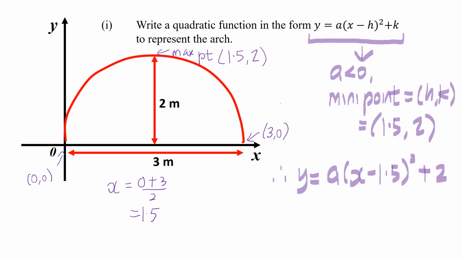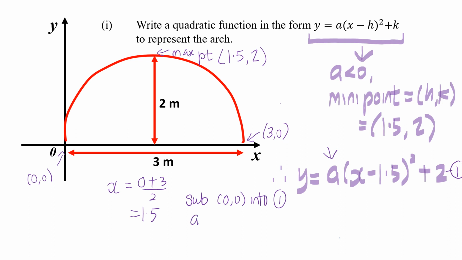And we are not done yet because we still have this unknown constant a. There are two x-intercepts that you can use to find the constant a. You can use either (0, 0) or (3, 0). Obviously, I would prefer to use (0, 0). Both of them will give you the same answer for the constant a. Let's be more systematic. I'm going to call this equation 1, and substitute (0, 0) into equation 1.